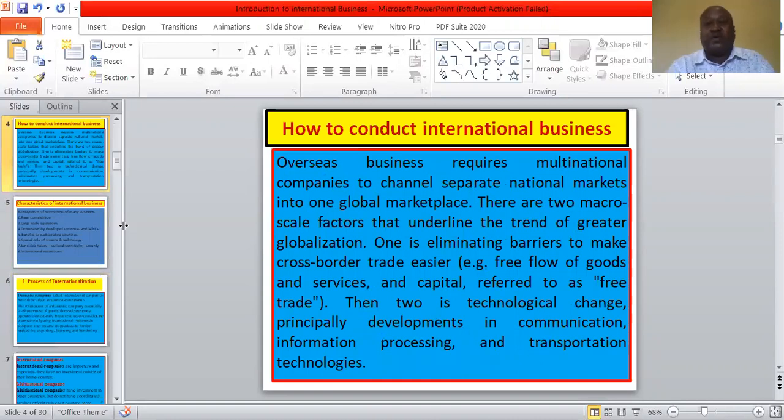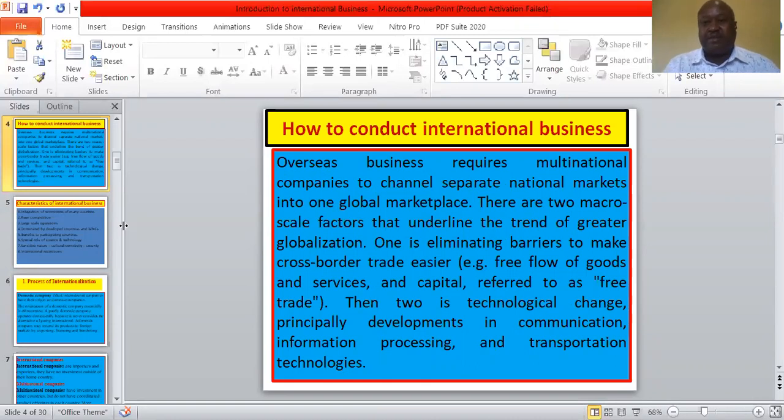Let's look at how to conduct international business. Overseas business requires multinational companies to channel separate national markets into one global marketplace. There are two macro scale factors that underline the trend of greater globalization.